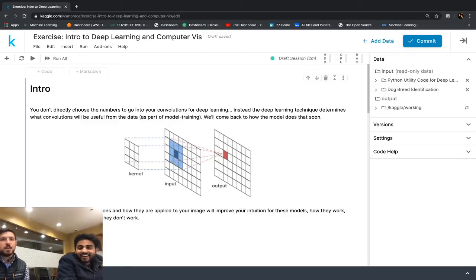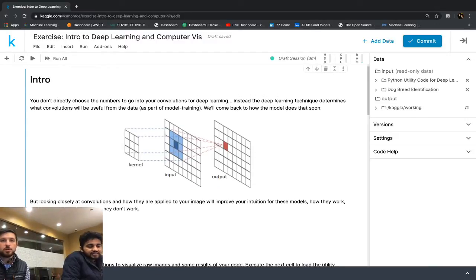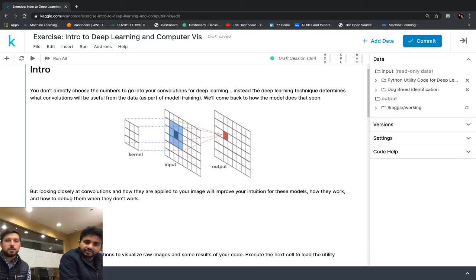I don't think this notebook is too involved, but that's okay because we don't want to overload, especially when we get to really complicated topics like convolution. You can see in this diagram they have a kernel. That would be essentially the filter we want to run over things, like the magnifying glass in Stranger Things.